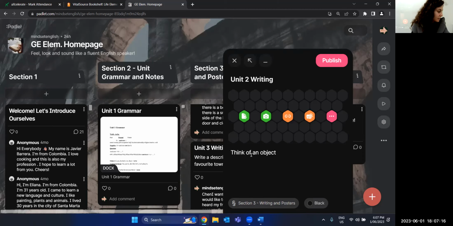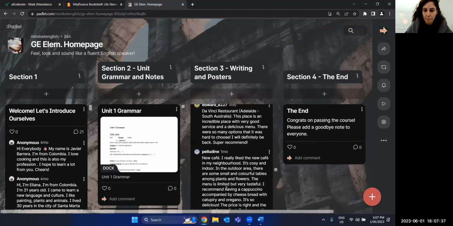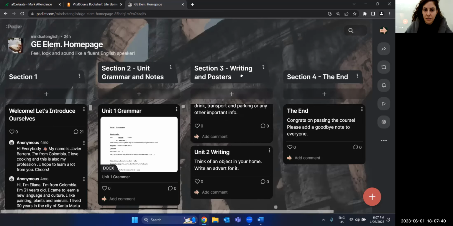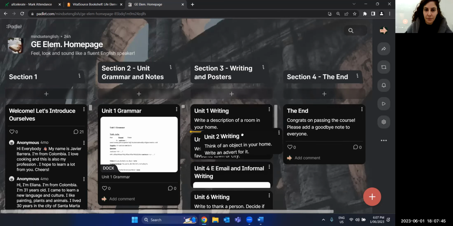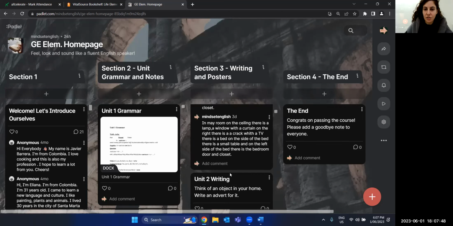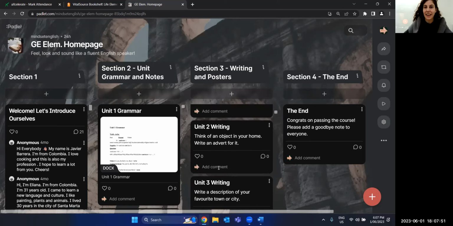It doesn't have to be in your house. So I'm just going to write, think of an object in your home if you want, and write an advert for it. Okay, and just upload it here. So you'll see it in section 3, writing post, and then we'll go through them. Okay, so there it is. Unit 2, make sure you click the add comment and add your advert, and we'll come back and have a look at them.